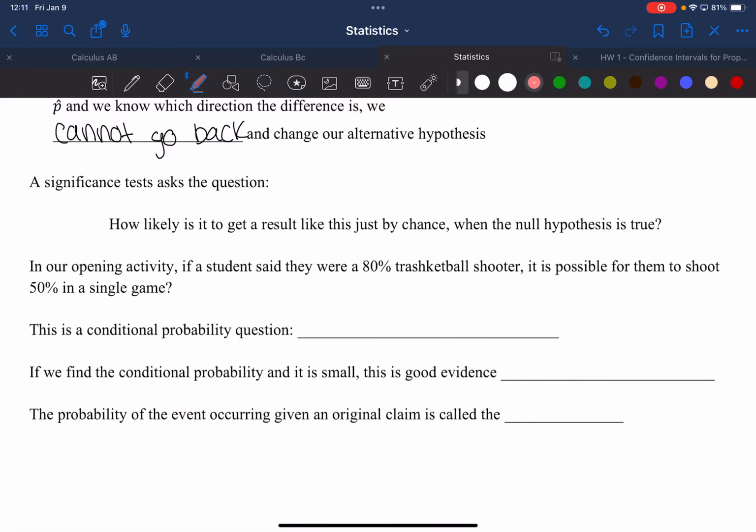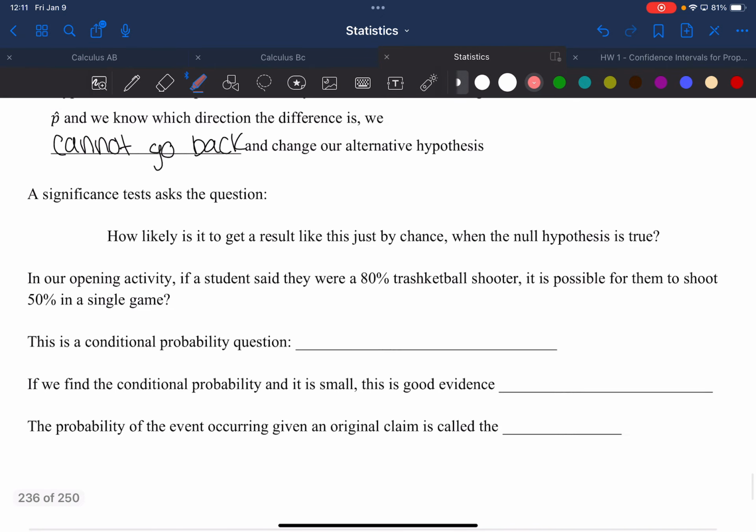On average, if they were to play basketball hundreds of thousands of times, they make 8 out of 10. That doesn't mean every game they make 8 out of 10. Some games they could, in this example, make only 5 out of 10, but it would average together to that 80%.